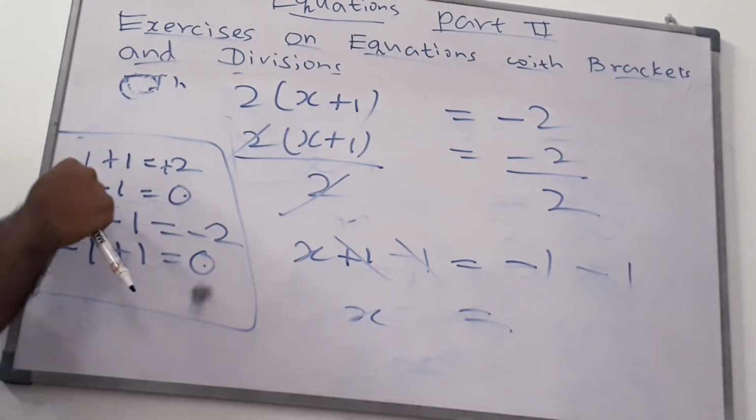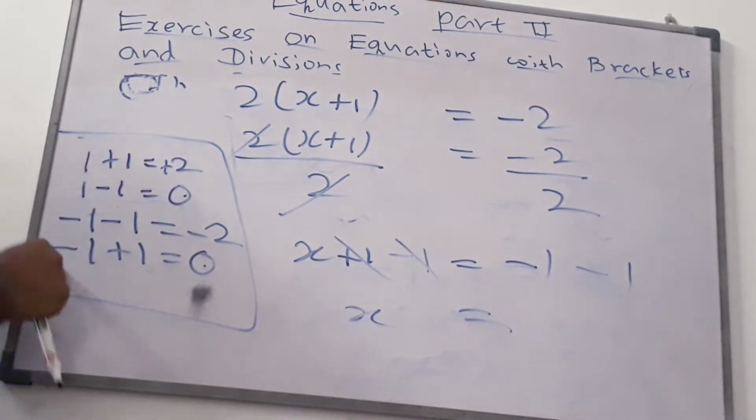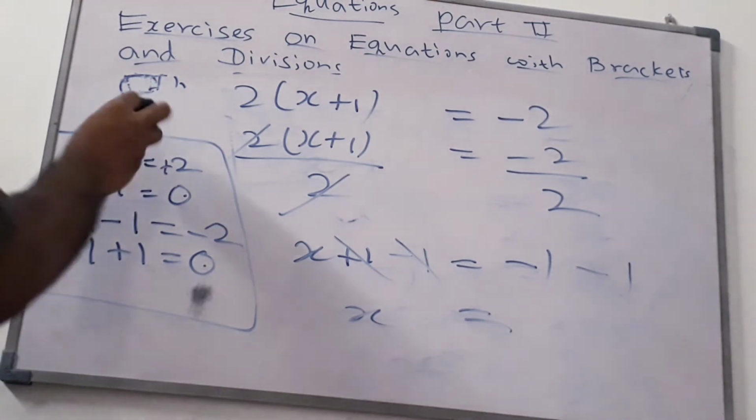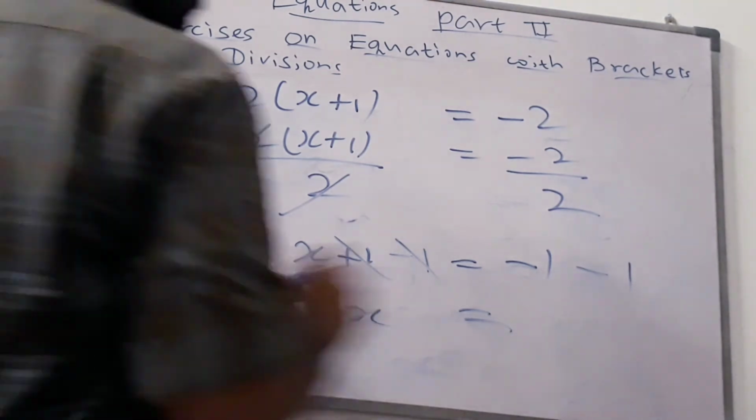Here different signs, so the difference. Here also the difference. But if the sign is same, that means the sum or the addition. So x equals minus 2 here.